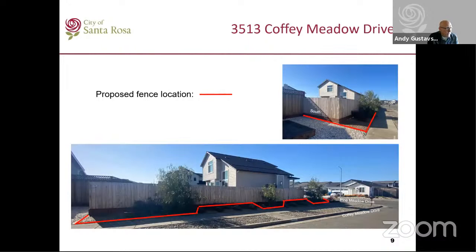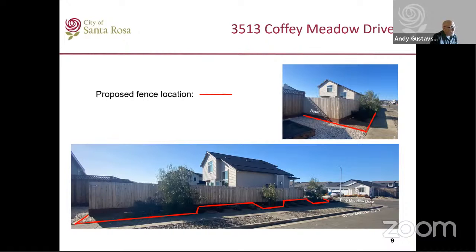The compromise staff and the applicant worked out is helpful because, with the articulation of the fence line along that yard, it will help to minimize the corridor effect, the tunnel effect. So that's a good solution.